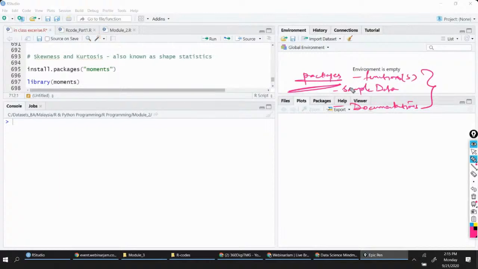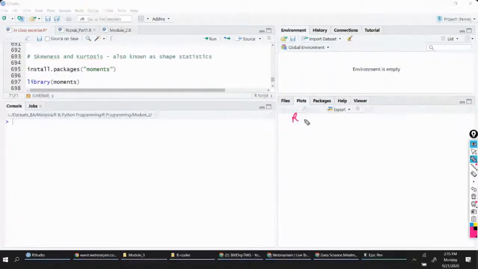How do we get a package? What is the R code to get a package? Let's see how many of you can answer that question. No one? No, it's not library.